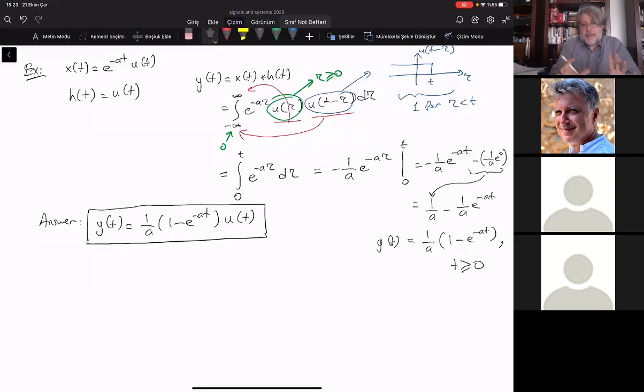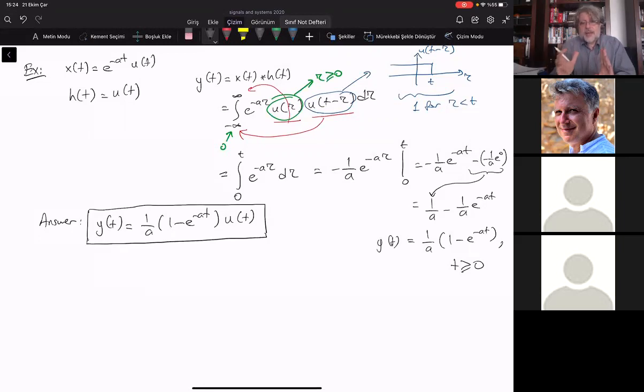Well, as long as the two functions overlap, you have to define the integration limits accordingly. Of course, it doesn't have to be always positive like this. It became positive. I mean, the output is defined for positive t, or the integral limits only included positive parts, because both the input x of t and the impulse response h of t are right-hand sided, completely defined for positive t.